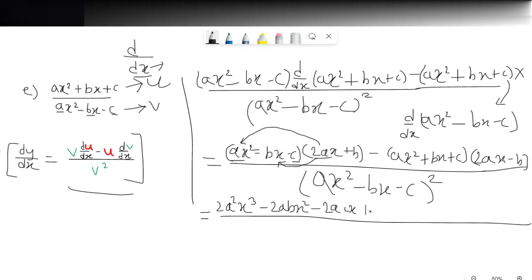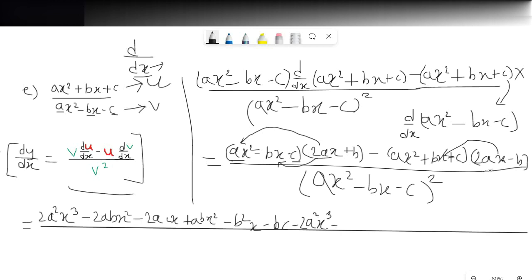Repeating the same procedure for b, we have abx square subtracted with b square x minus bc, and then on the right side we have minus 2a squared x cubed, and then 2ax multiplied with bx will be minus 2abx square because of the minus sign, and then 2a with c will be minus 2acx, and for minus b we have plus abx squared, then b square x plus bc.